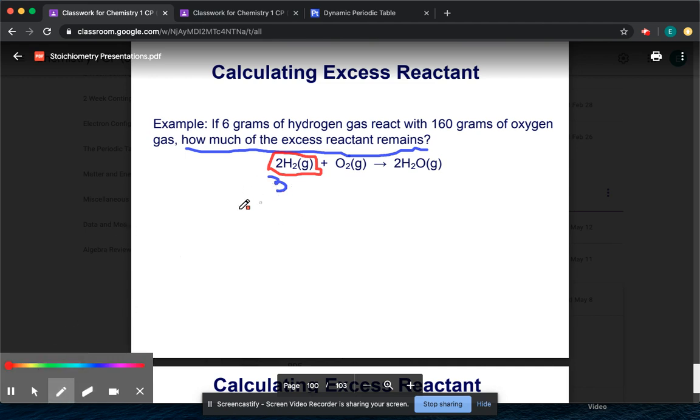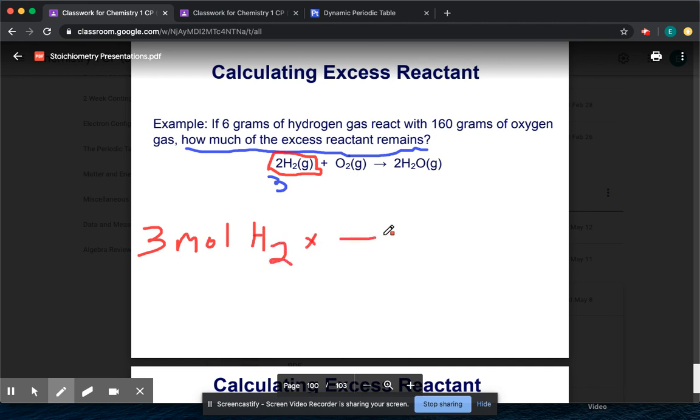This is where you set up your ratio. So we have 3 moles of H2. We need to convert that to moles of oxygen. We're going to oxygen, so oxygen goes up top. We're coming from hydrogen, so hydrogen goes on the bottom. Put in the coefficients, 1, 2.